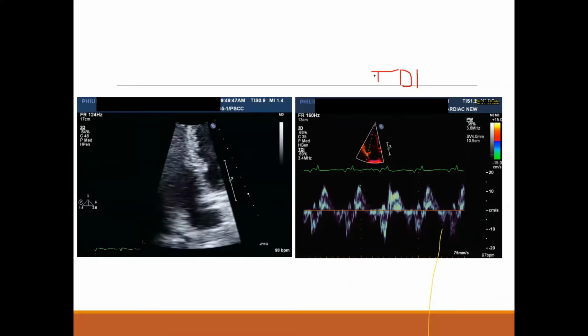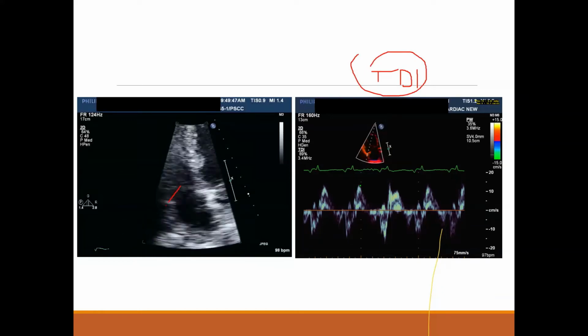What are we doing here? This is tissue Doppler imaging of the base of the RV. Here we are cutting through the lateral tricuspid annulus, and we get this TDI tracing.